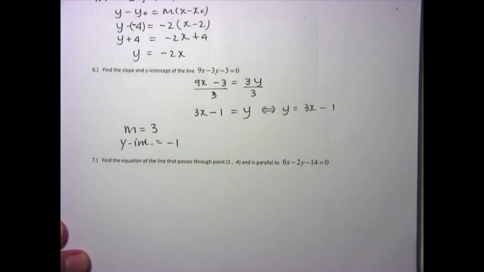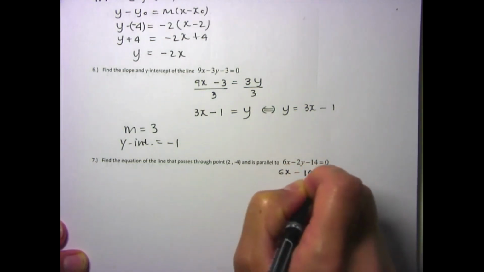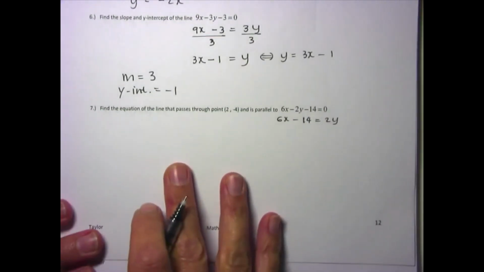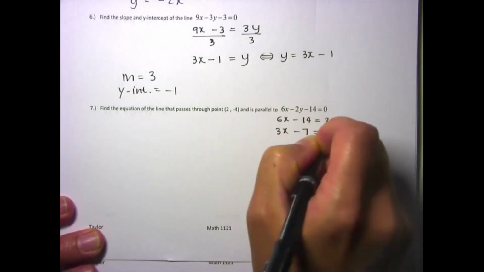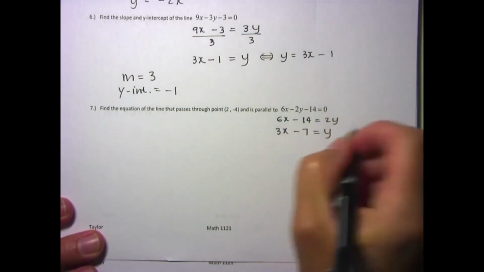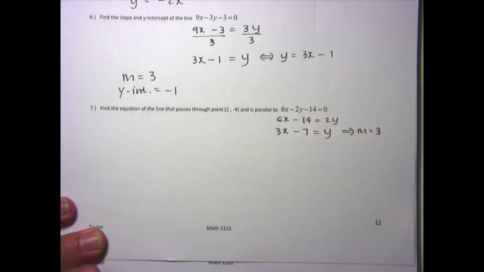So if I solve for y, 6x minus 14 is equal to positive 2y. If we divide each side by 2 here, this will be equal to 3x minus 7 equal to y. So the important thing that I'm trying to get here is that the slope is equal to 3.